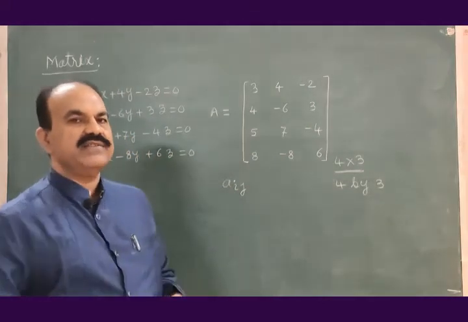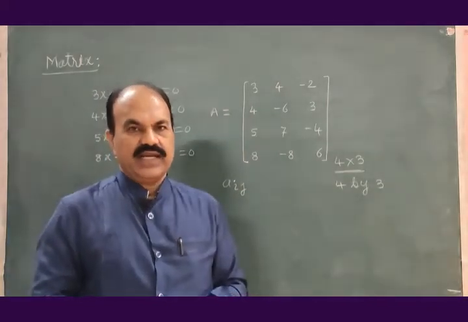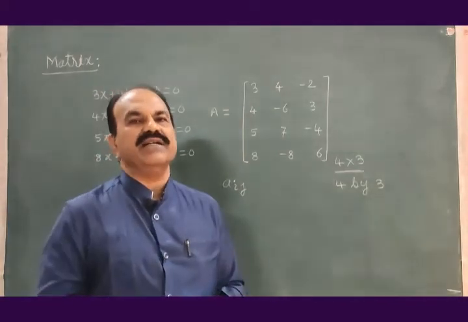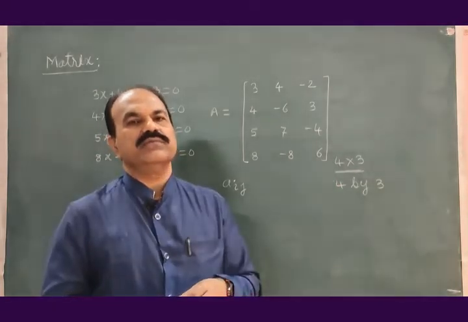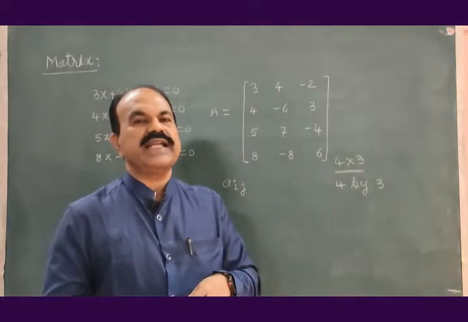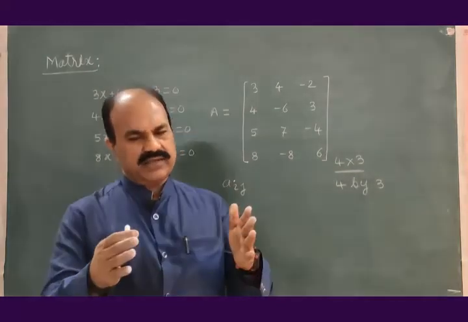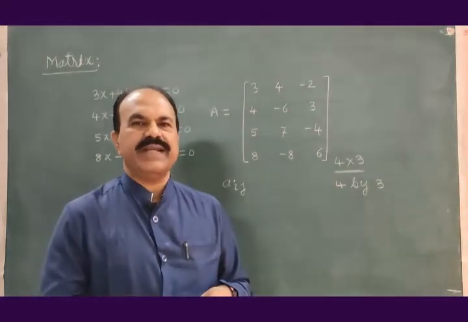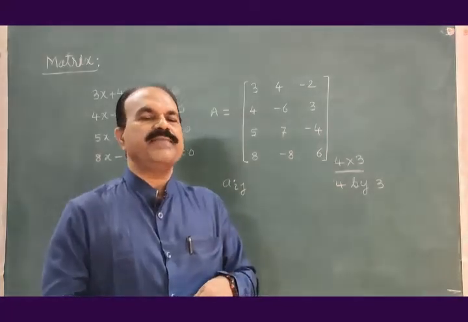After having a short idea about what is a matrix and how to describe a matrix, let us have some idea about types of matrices. There is a large variety of matrices. I am not going to tell you all the types of matrices.